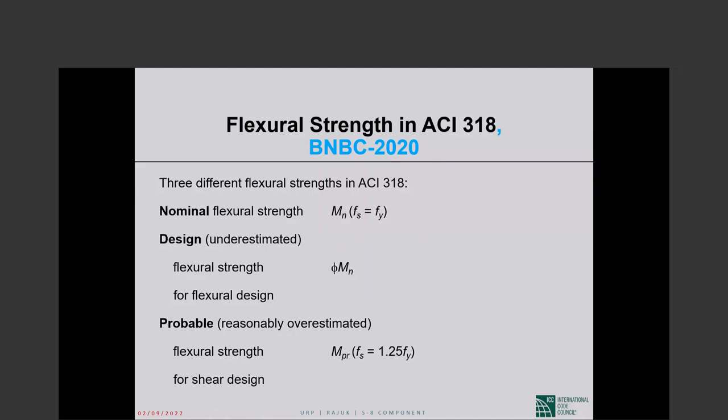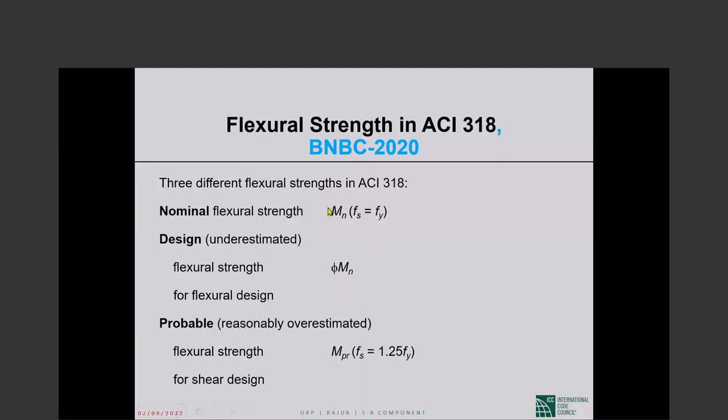Okay, so in flexural design, we use design flexural strength, phi times M sub n, because that is the conservative thing to do. Shear design is the other way around. We need to use an upper bound value of M sub n, not M sub n, the largest moment that can develop. Okay, so we don't want to go below M sub n. We need to go above M sub n. We want a reasonably overestimated flexural strength, and that is M sub PR, probable flexural strength.